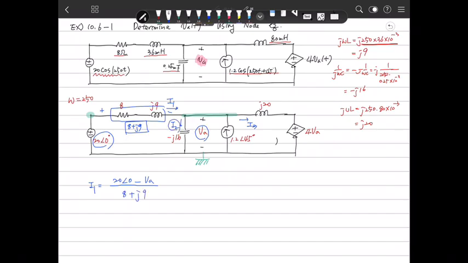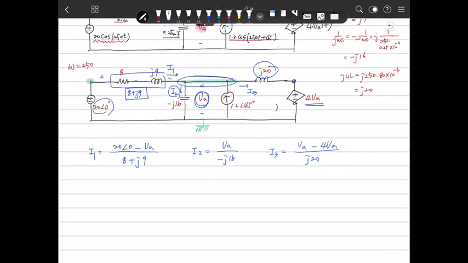And what is I2? I2: the voltage is VA, and the impedance is minus j16. And what is I3? I3 is here. The voltage is VA minus 4 VA, and the impedance is j20. This is the impedance.